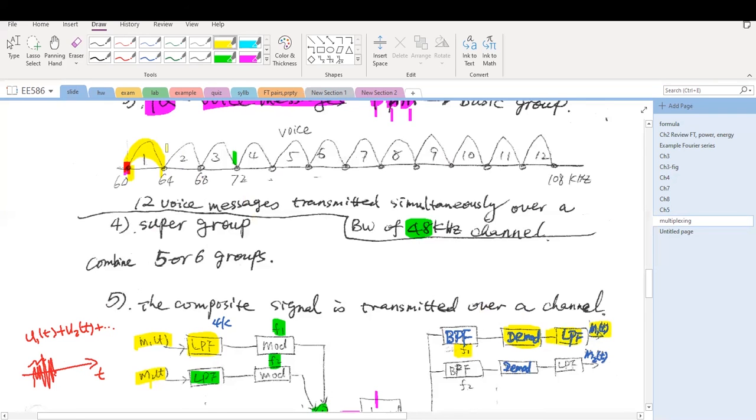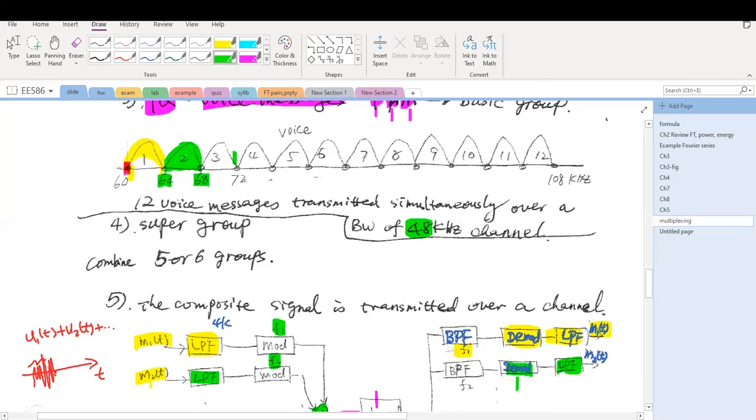Then we do the same thing for the second user. We apply a bandpass filter to filter out this portion. This is a bandpass signal, still at high frequency, so we need to demodulate. To demodulate, you multiply by the same carrier, depending on the scheme we're using. If we use single sideband suppressed carrier, we use a multiplier to multiply by the same carrier with the same phase.